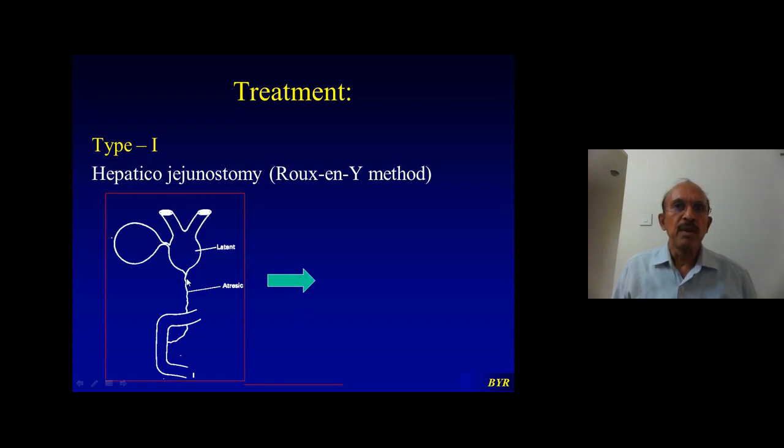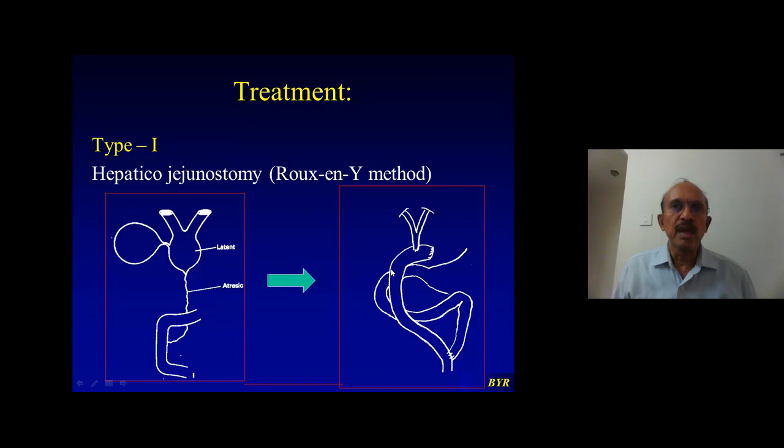The common bile duct has atresia, and the common hepatic duct and proximal part of the common bile duct are dilated. So you do anastomosis of the common hepatic duct with a loop of small bowel. This loop of small bowel is made by a procedure called Roux-en-Y. You can see here this is the stomach, this is the duodenum, this is the duodenojejunal junction, and this is the proximal part of the small intestine.